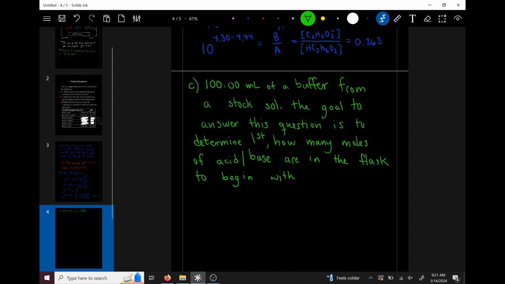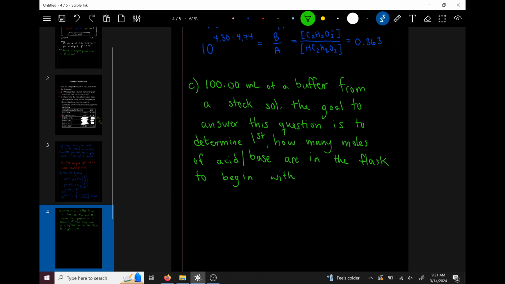So when you walk into the laboratory, you've identified which acid conjugate base pair you're going to use to make your buffer solution. Now you're going to go into the laboratory and find either the acid or the base form of one half of the buffer.